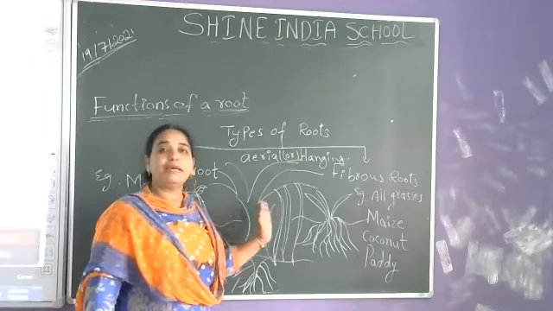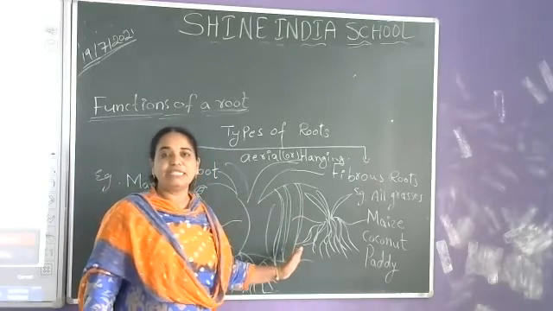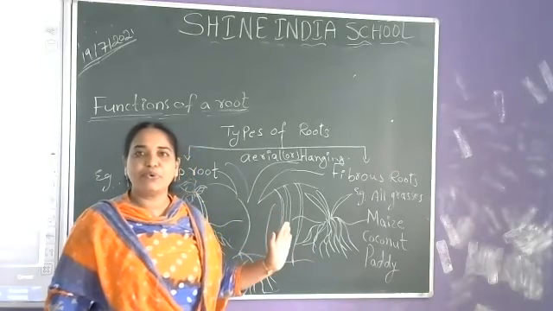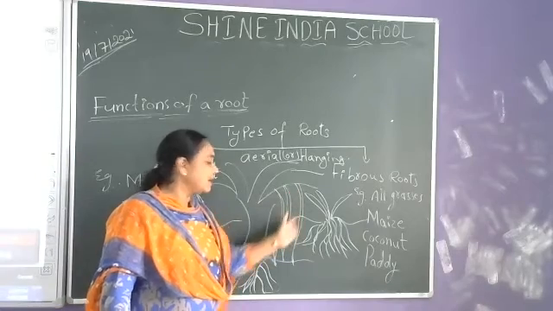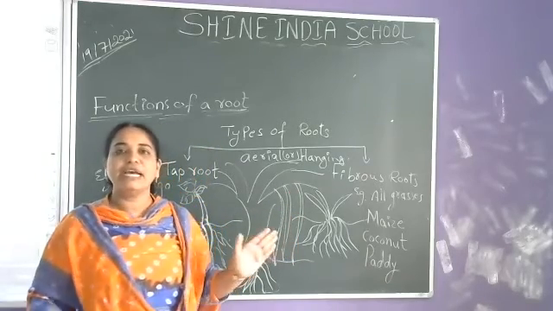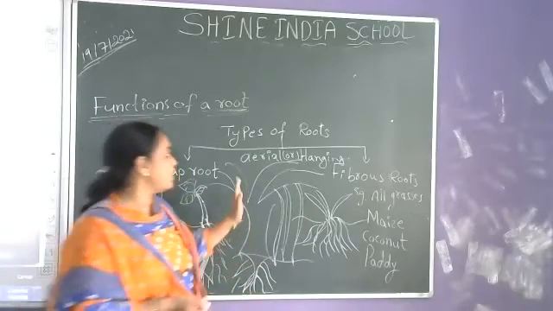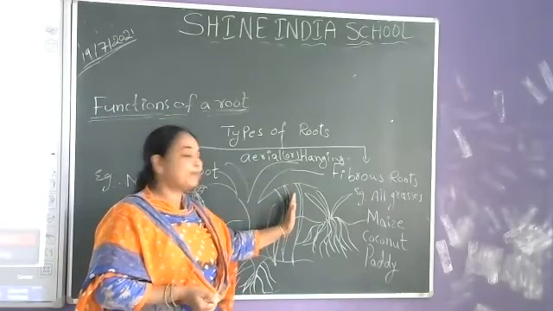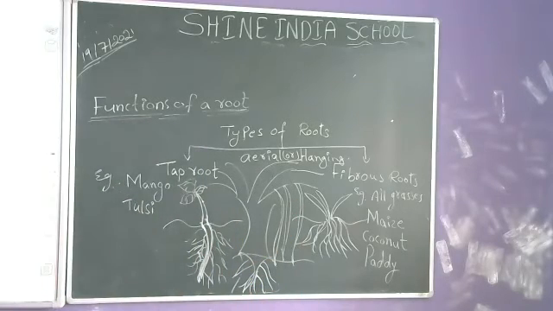So what the aerial roots do is give support. It helps the banyan tree. The aerial roots provide support to the branches.